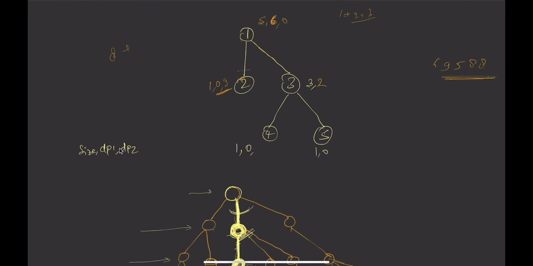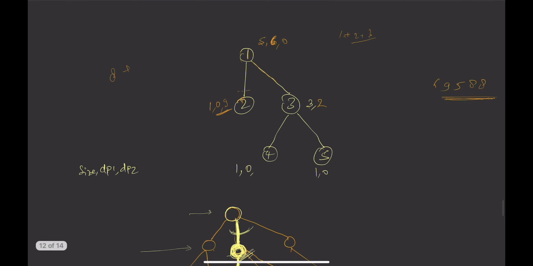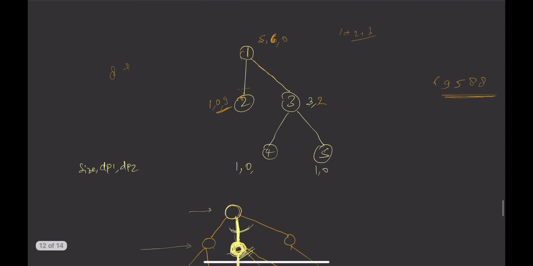Let's see. So from 1 when the call comes to 2, 3, what it will say, find me, so it is 2 plus, it is 1, that means 3. Is it 3 for 3? 3 plus 2, 5.